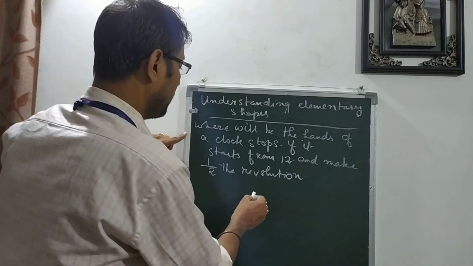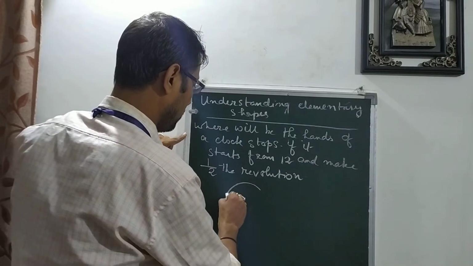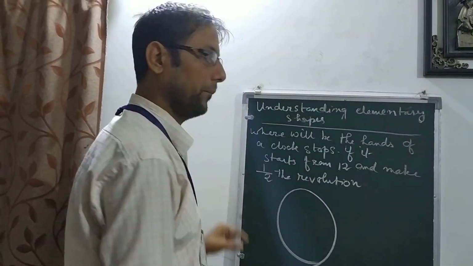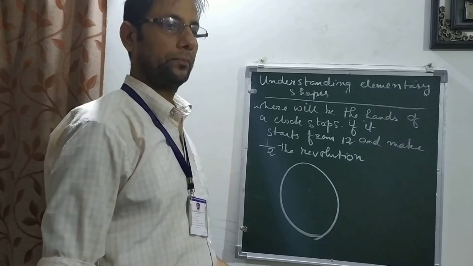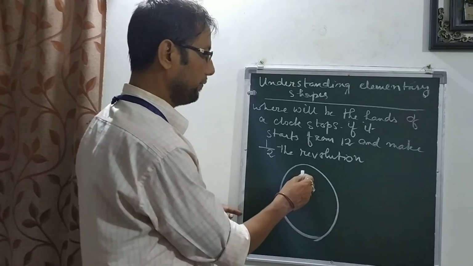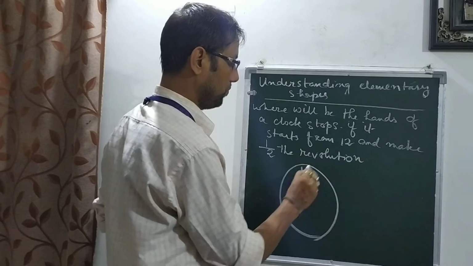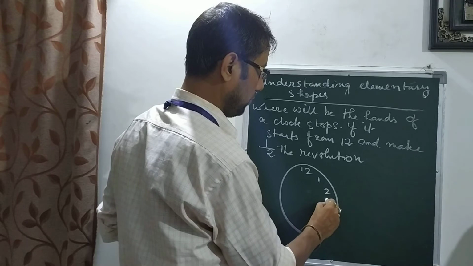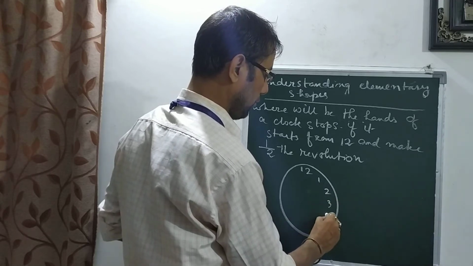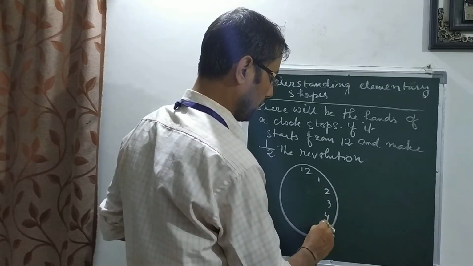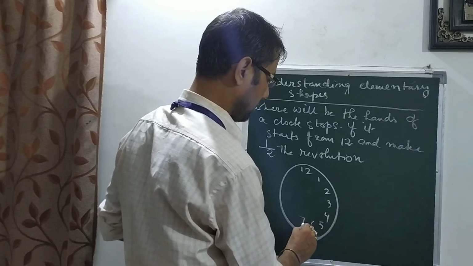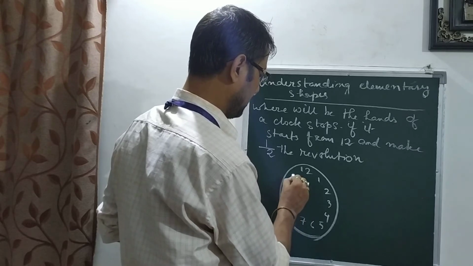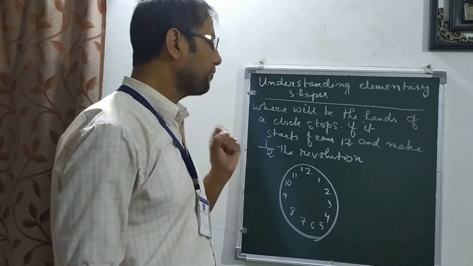Now see here, students. 12, 1, 2, 3, 4, 5, 6, 7, 8, 9, 10, 11, 12. Now half the revolution means what?